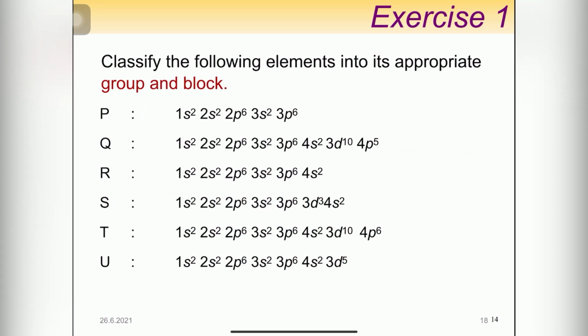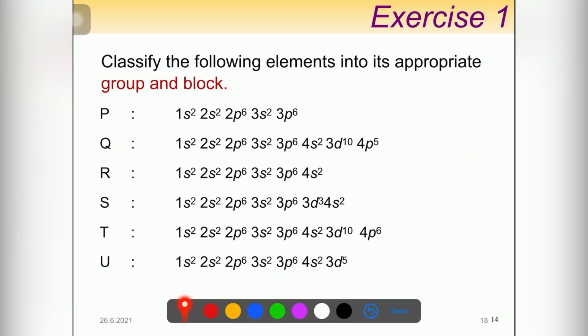Let's see exercise 1. Classify the following elements into the appropriate group and block. Let's see P. To determine the group and block, you can make a table with period, group, and block.